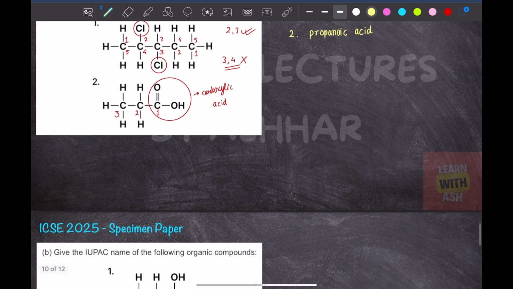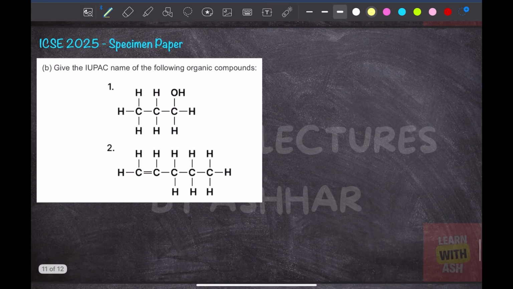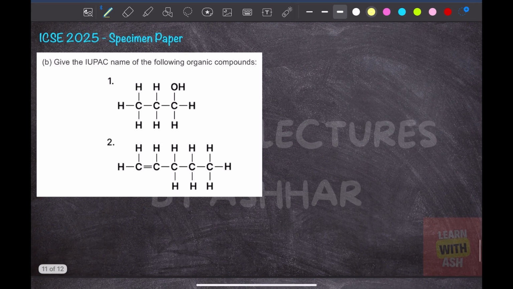Now let us move on to our last slide, and this is the question which is given in the ICSE 2025 specimen paper. So there might be a chance of similar types of questions coming in your examination this year. So over here it is alcohol.